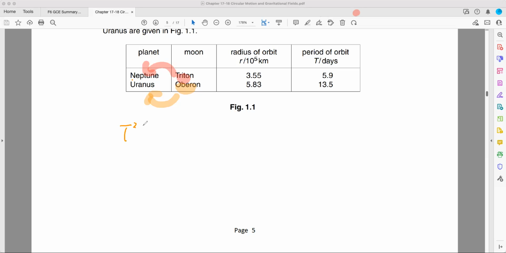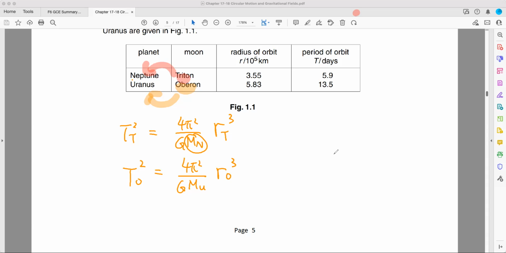So you write it as T squared equal to 4 pi squared over G. If you're talking about the moon T, then this should be the mass of Neptune, and this is the radius of T. If you're talking about the moon O, then it should be the mass of U and the radius of O.